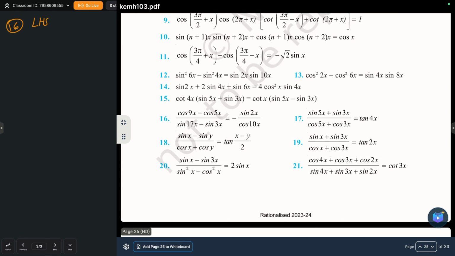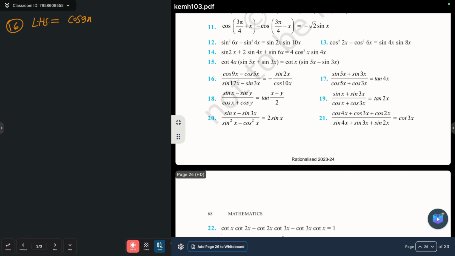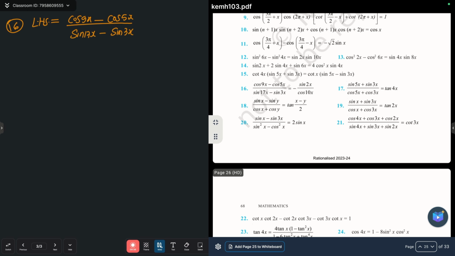Left hand side: cos 9x minus cos 5x upon sin 17x minus sin 3x. RHS is minus sin 2x upon cos 10x.